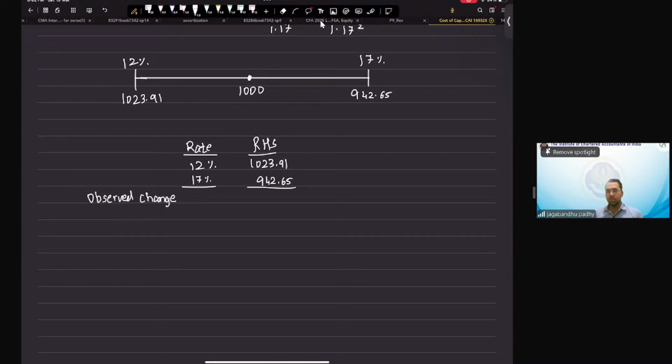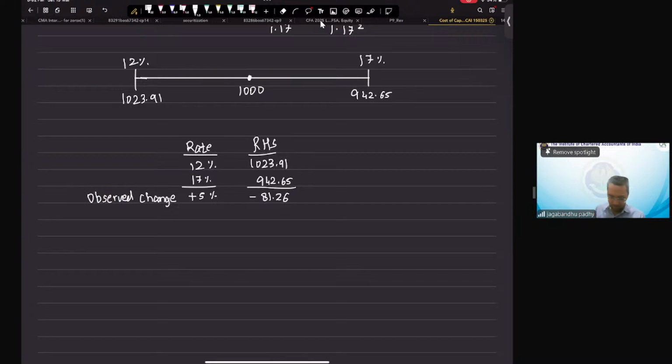Can I say we are increasing the rate by 5%? That is leading to a decrease in RHS value by how much? 81.26, right?